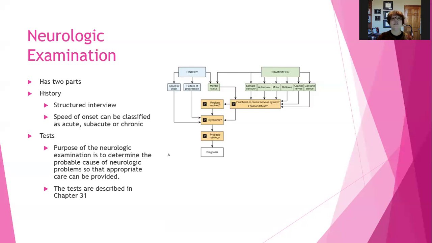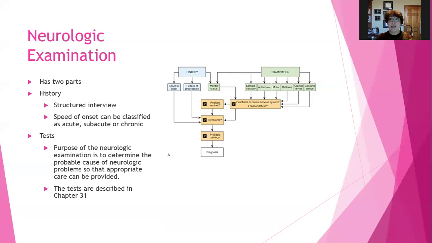With the history, you're looking at the speed of onset and the pattern of progression. You're assessing the patient's mental status to some extent. The examination includes examining somatosensory, autonomic, motor, reflexes, cranial nerves, and gait and stance. The questions that come up from that are: is it peripheral or central? Is it focal or diffuse? What regions are involved?